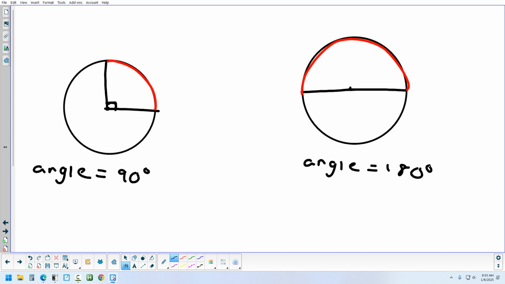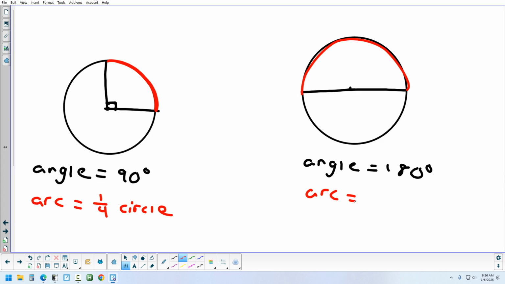So now, instead of looking at the angle, I want to look at the part in red, the arc. How much of the circle does that red arc take up? A quarter. So the arc is 1/4 of the circle. Now let's see what happens to the arc here. We doubled the size of the angle.